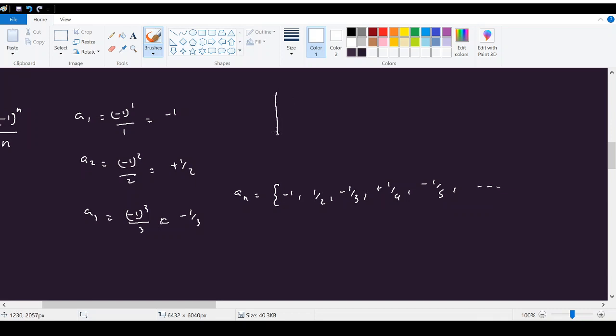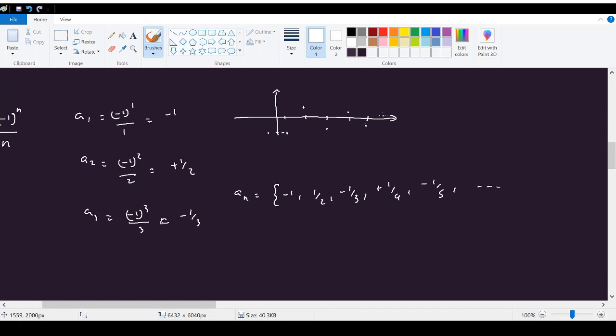If we plot this, at each point, if we start from 1, you have -1, and at 2 you have half, and then at 3 you have -1 over 3, at 4 you have this one.